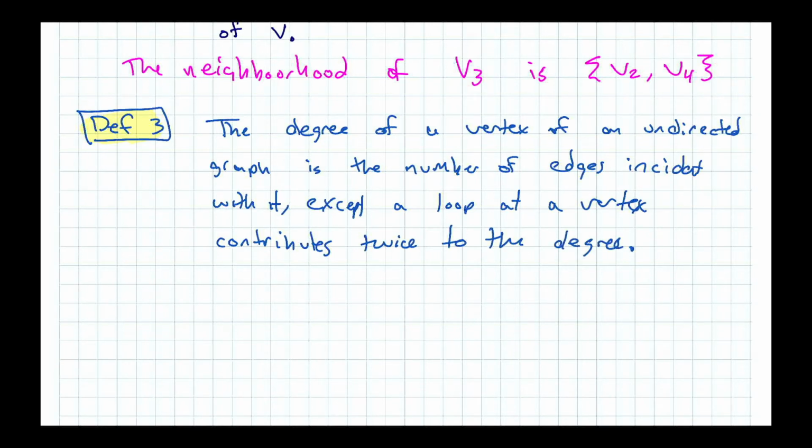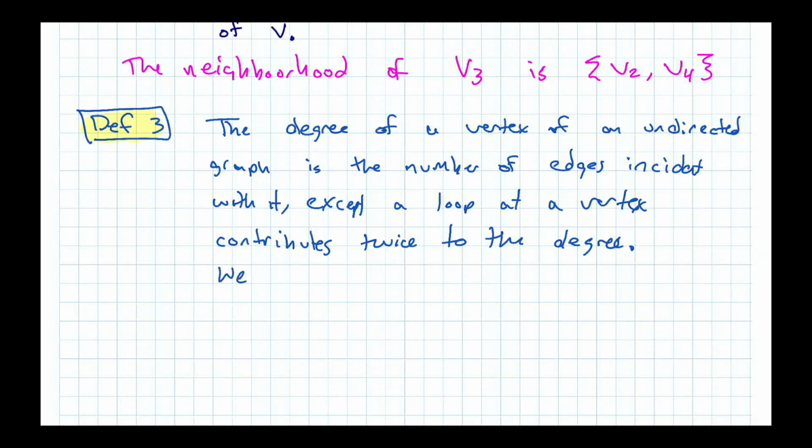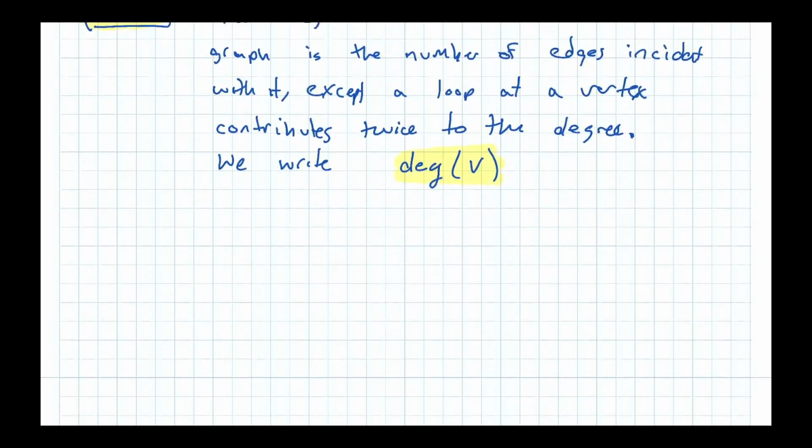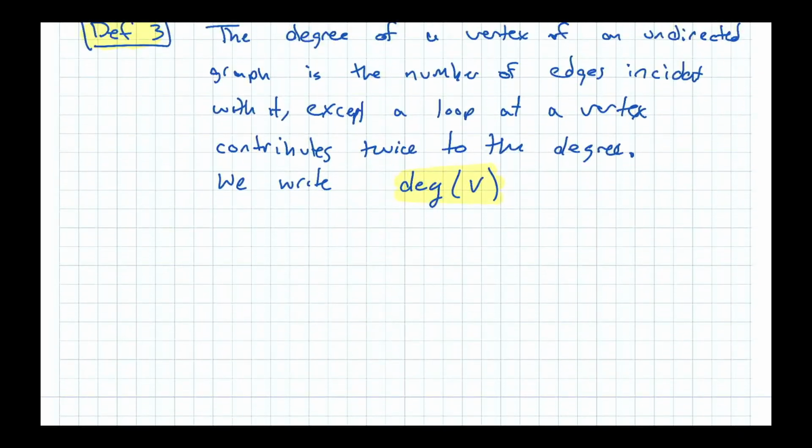And we write it this way: deg(V). That's how you would write the degree of a vertex. The degree of V. So let's draw a little graph here. I guess let's call it H because we used G for something else.